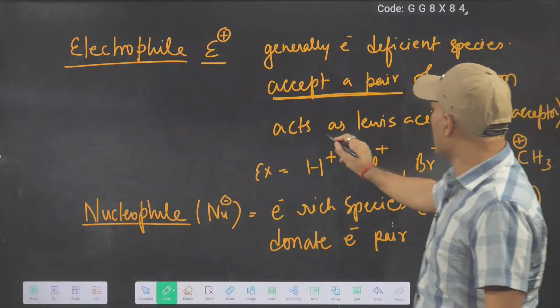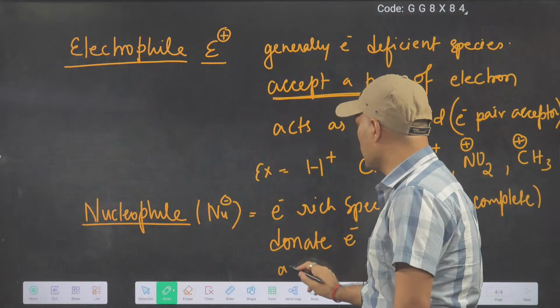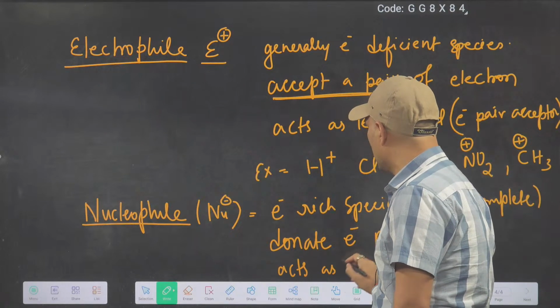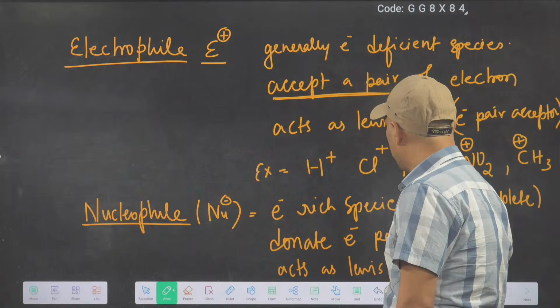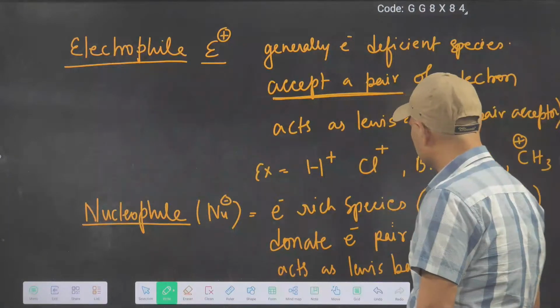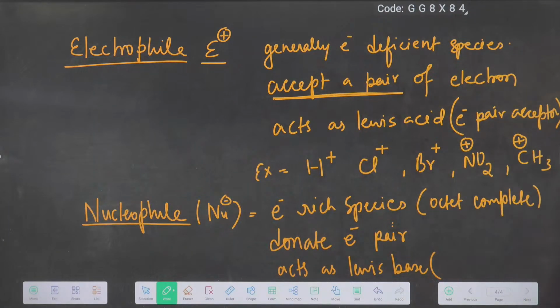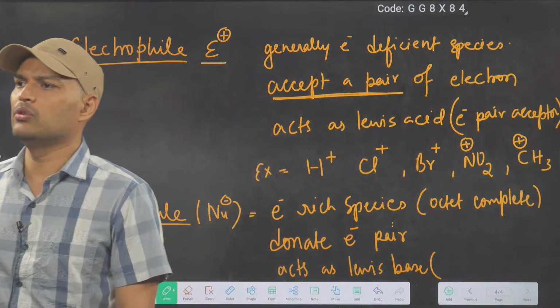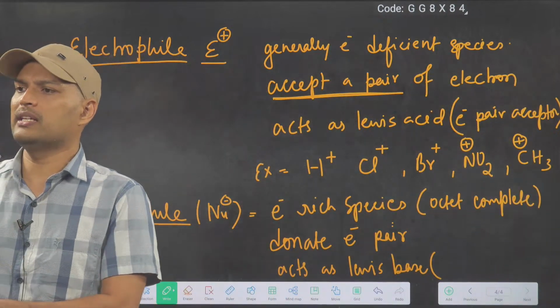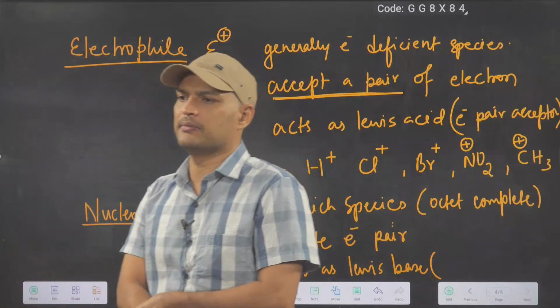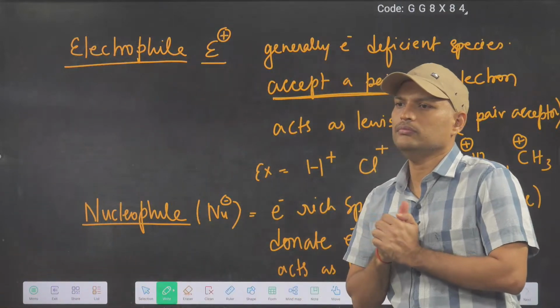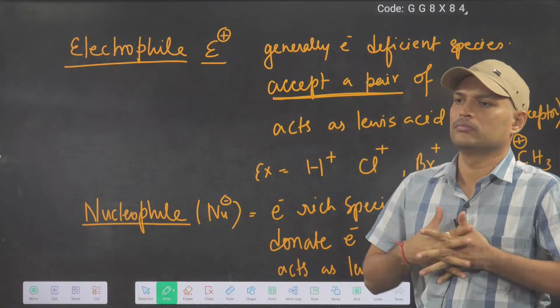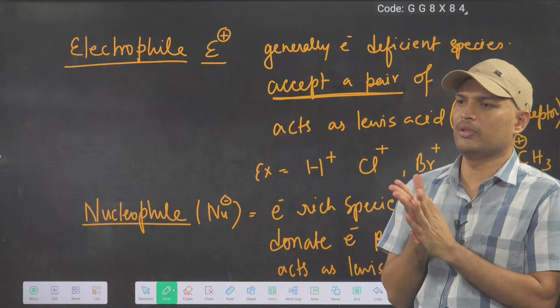Here you have written that an electrophile acts as a Lewis acid. Now you have to write that a nucleophile acts as a Lewis base. Can you tell me what is a Lewis base? No, we will not say it like that, deficiency of neutron and proton.